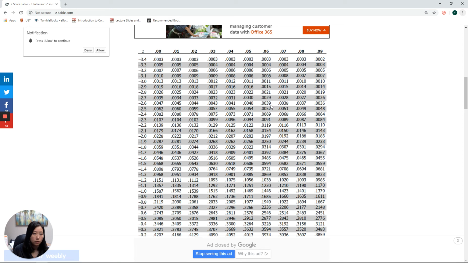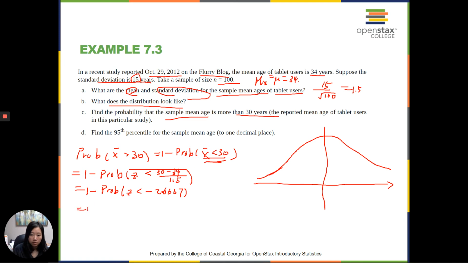Let's say 0.00385, just an estimate. 1 minus 0.00385. Notice that even if these critical values are negative, the final probability has to be positive, right? So we get 0.99615, or 0.9962. So that is for question C.